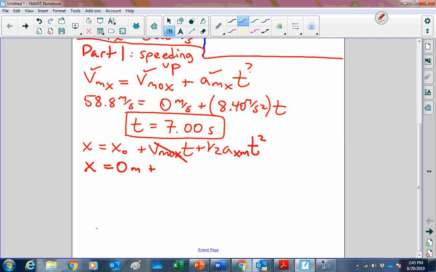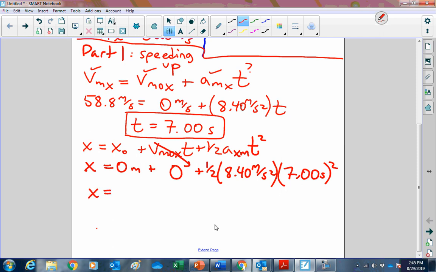And then this whole term goes to 0 because it started from rest. So then if let's use 3 sig figs, so then I'm getting about 206 meters.